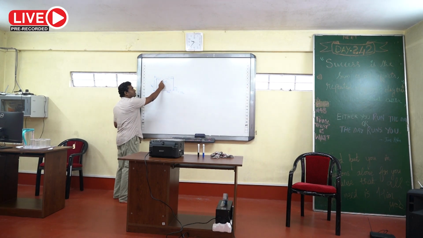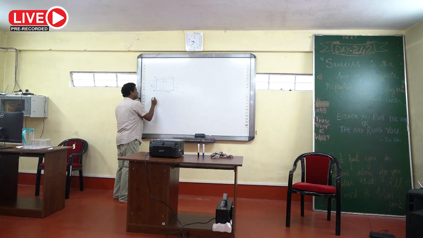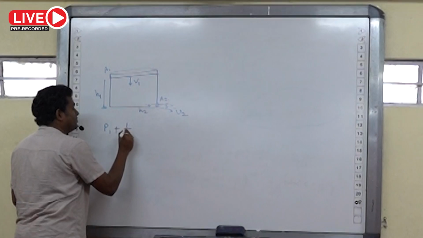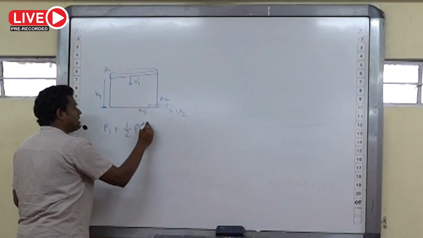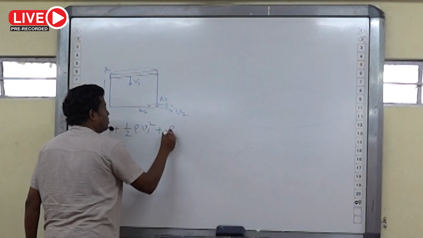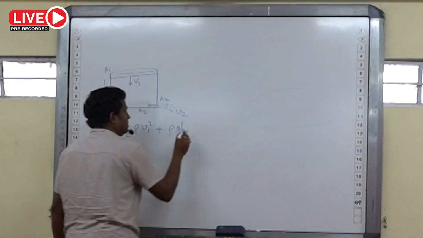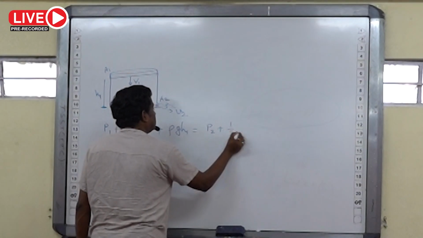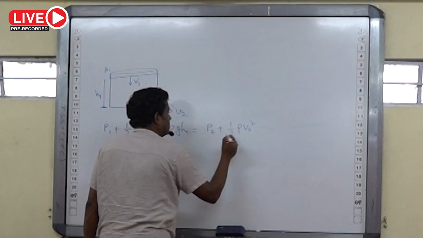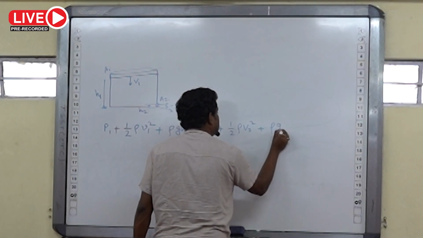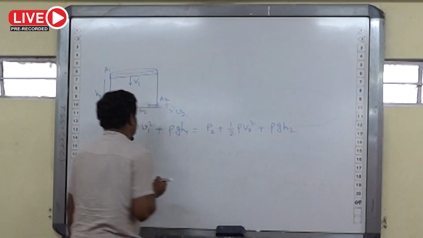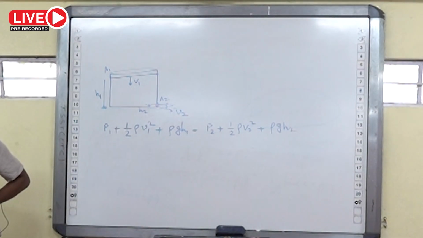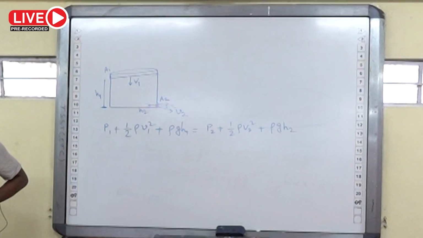At this point we can write P1 plus half rho V1 square plus rho g h1 is equal to P2 plus half rho V2 square plus rho g h2.